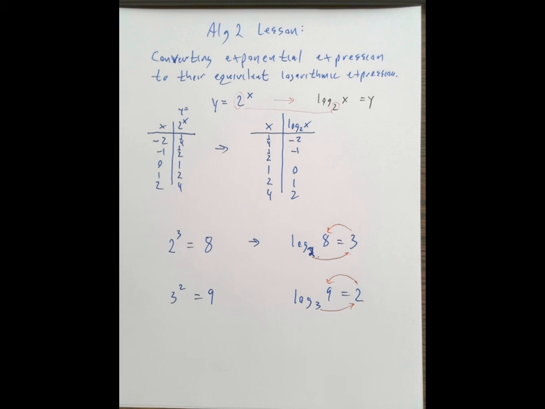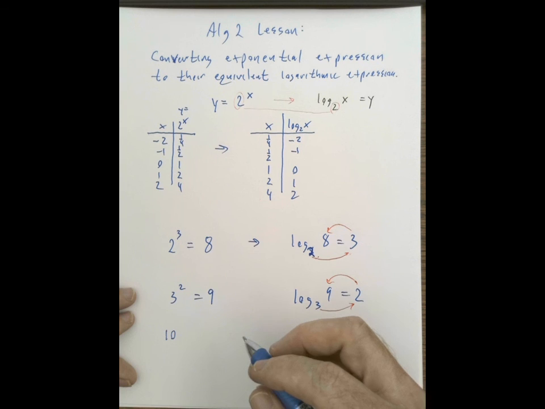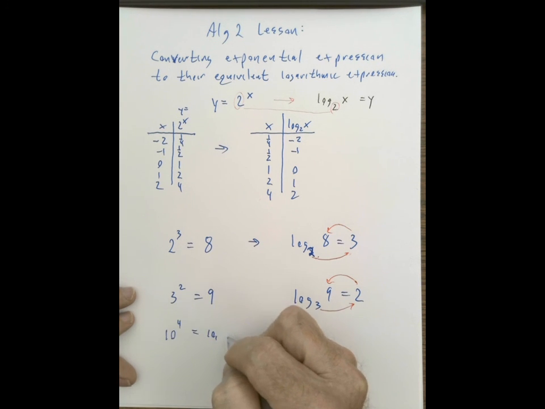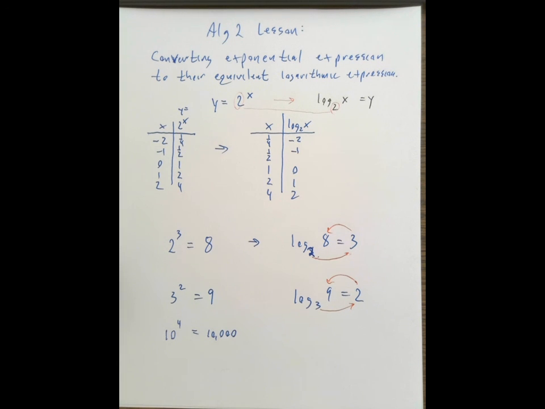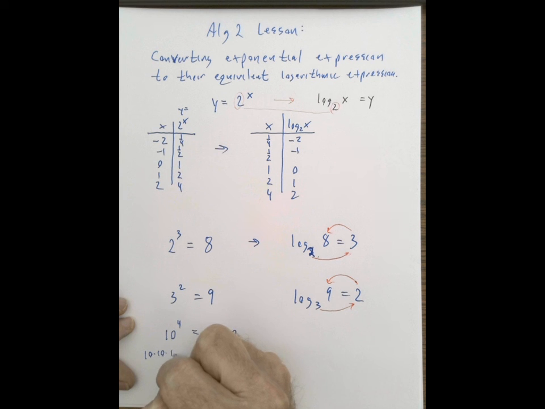10 to the 4th power, as it happens, is equal to 10,000. That's 10 times 10 times 10 times 10.